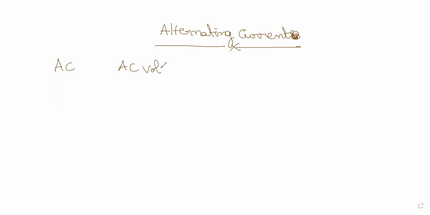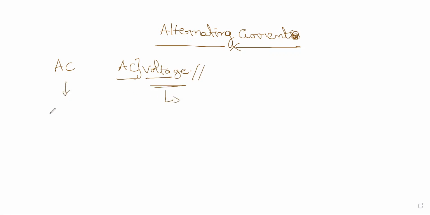AC voltage, we will call alternating voltage, not alternating current voltage. It is used like AC voltage. AC voltage means the voltage associated with the alternating current. So two things we'll read.